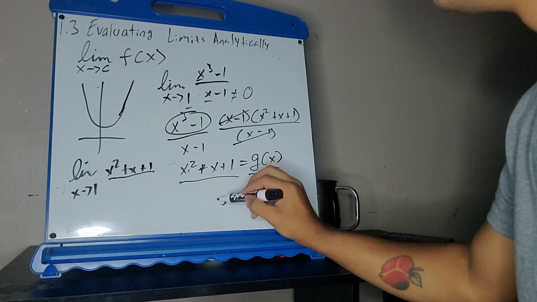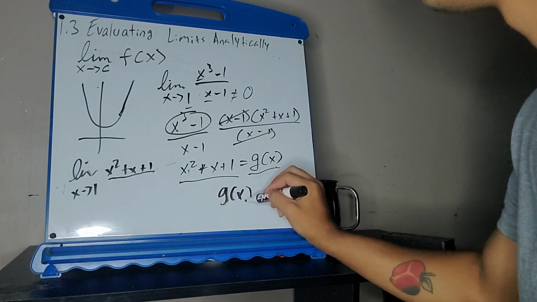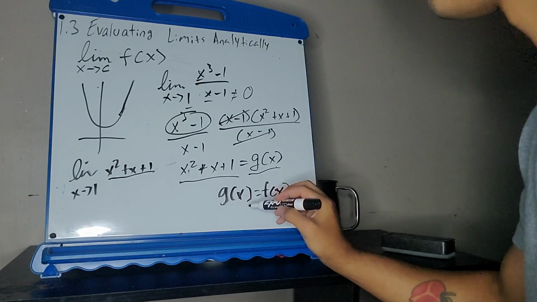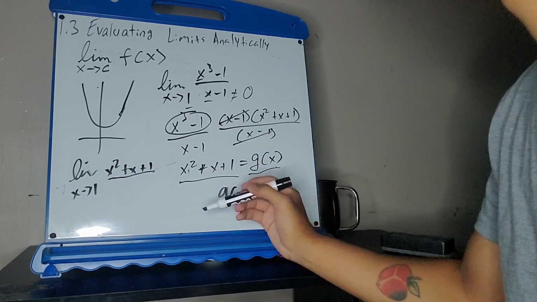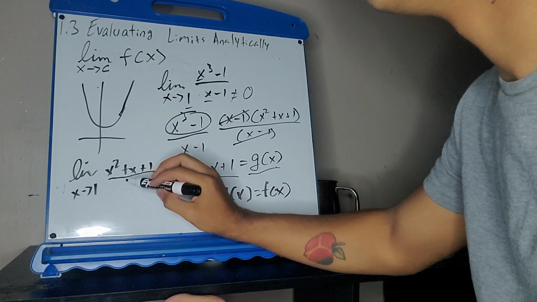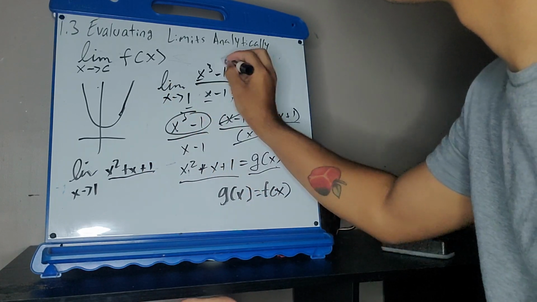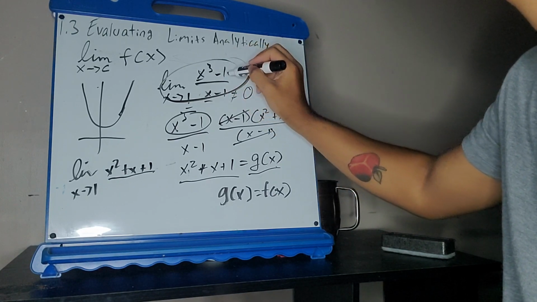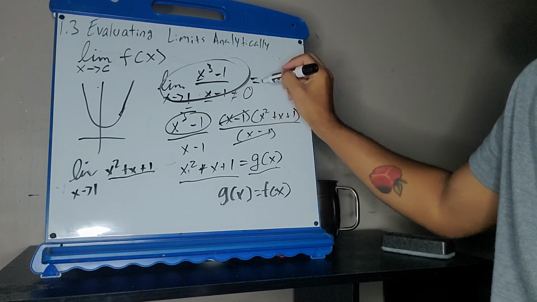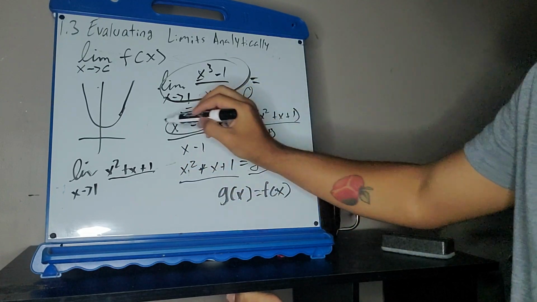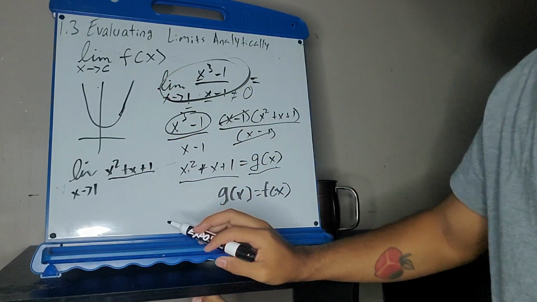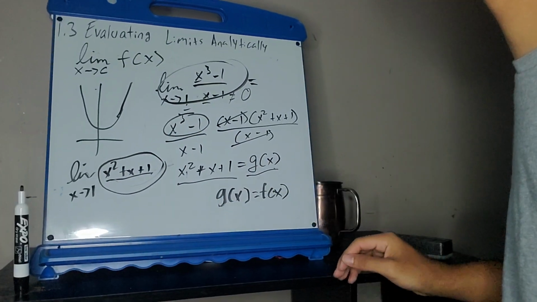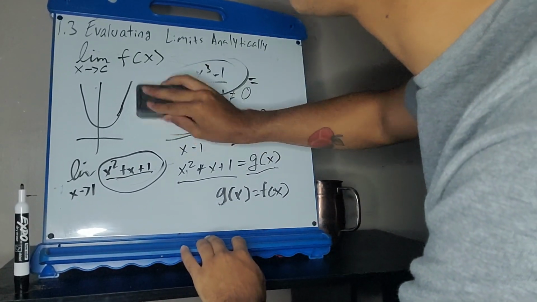And with g of x equaling f of x, it also proves that the limit of the original function f of x will be able to equal the exact same value that we find on the limit of this function. Let's work out the math on that so we can prove it.